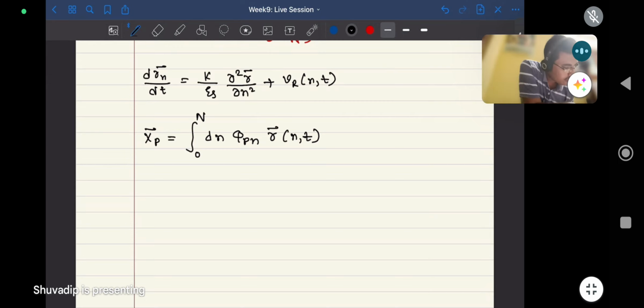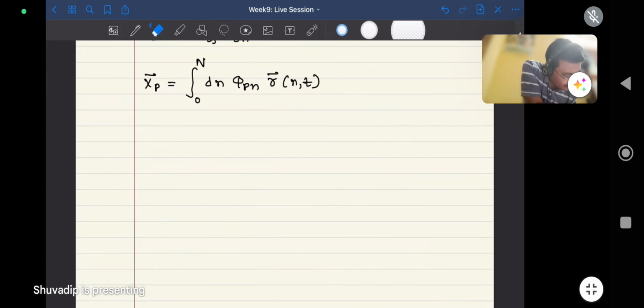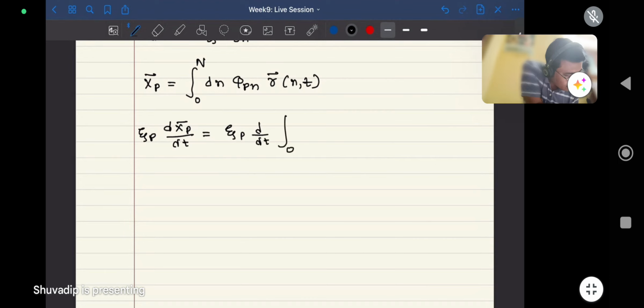Now if we calculate this quantity, dxp/dt, it will give us the d/dt of this whole term, the integral from 0 to N of dn phi p(n) r(n,t). Now we can move the d/dt inside because the integration is over n.